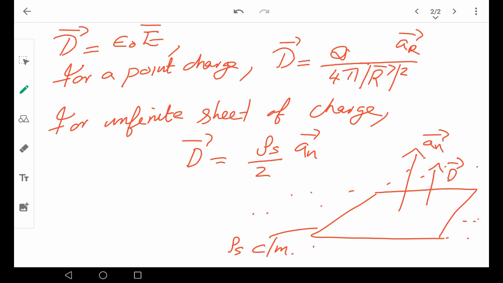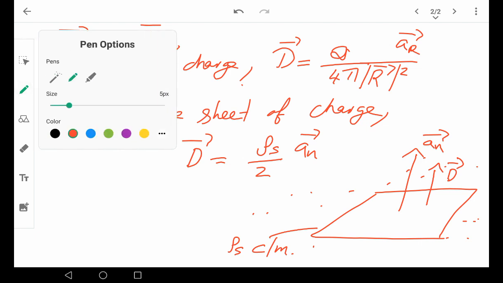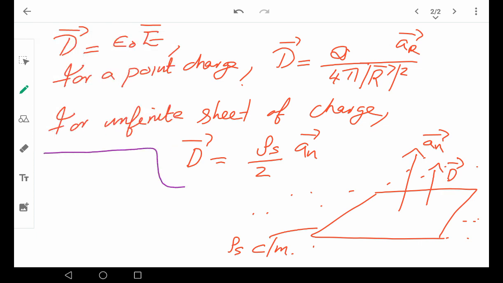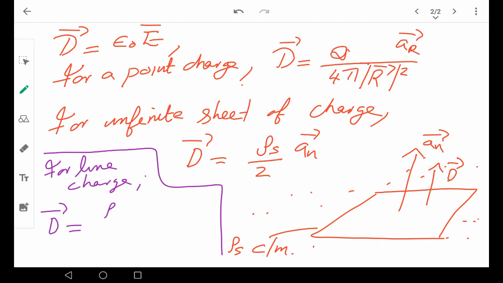Now, based on this concept for the electric flux density for a point charge and for an infinite sheet of charge, similarly for a line charge, we can have D equal to rho L by 2 pi rho a rho, isn't it?